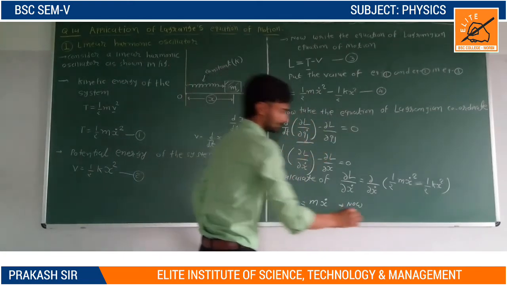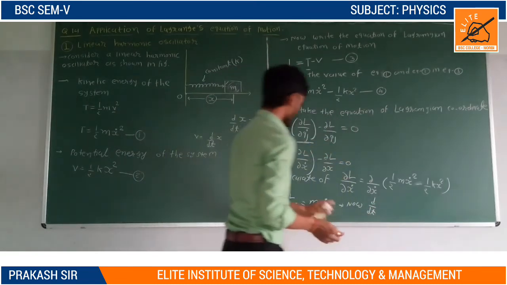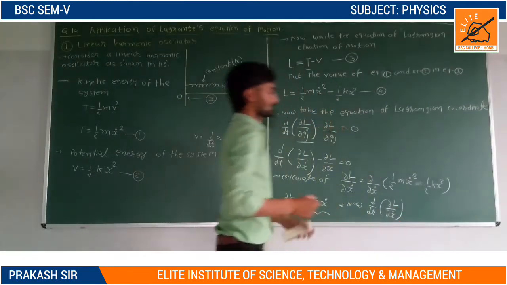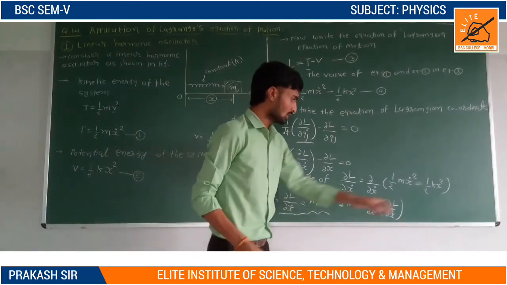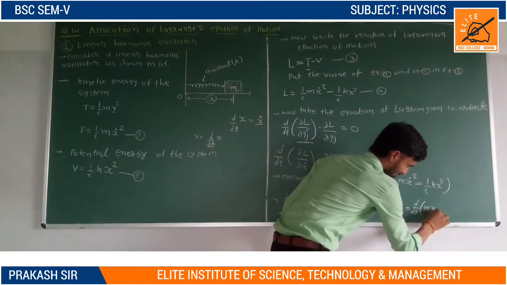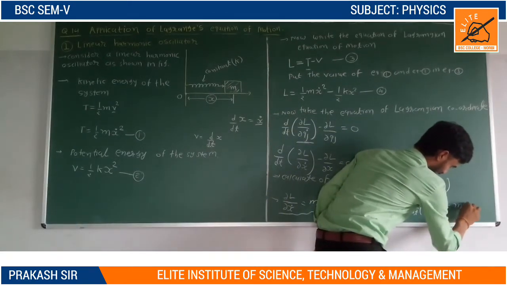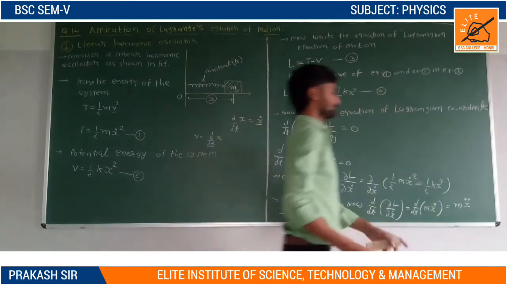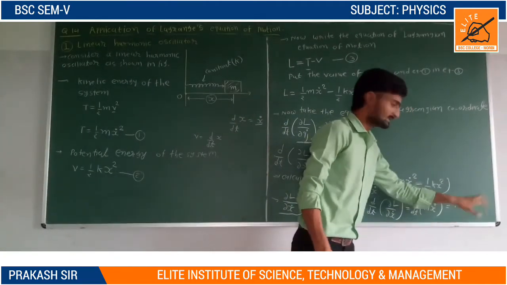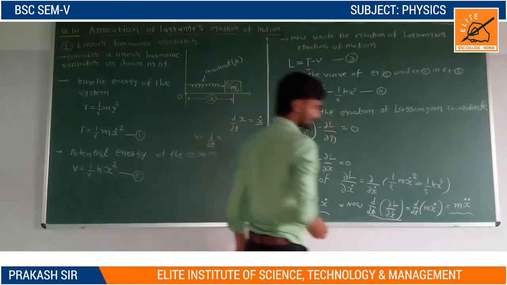Now the first term, d by dt del L upon del x dot. So del L upon del x dot derivative with time: d by dt of m x dot. So this value is m x dot, because of derivative with time. So the time derivative of x dot is x double dot. So d by dt del L upon del x dot is the value of m x double dot.